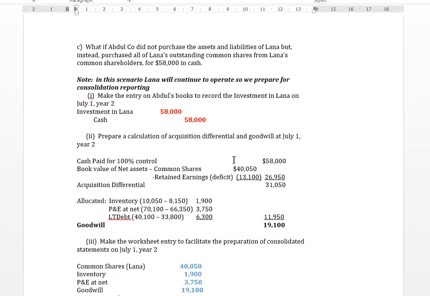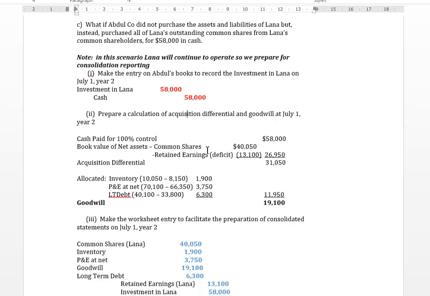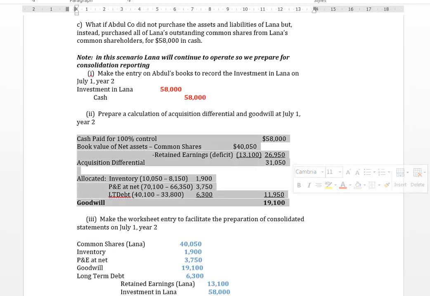Now, to calculate the acquisition differential and goodwill at July the 1st, we do it the way we're normally used to doing it, the way we learned when we have consolidated calculations to do. Our schedule looks at what we paid to get 100% control and what we got in return for it. Don't forget, Lana had common shares of $40,050. They had a retained earnings deficit, not a credit or positive balance, but a deficit.